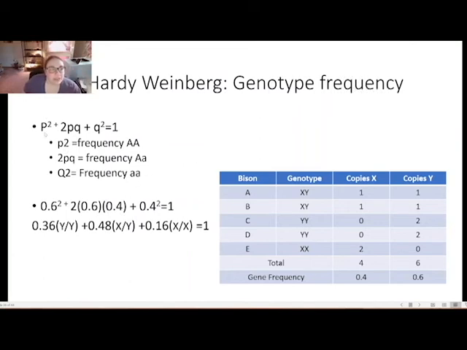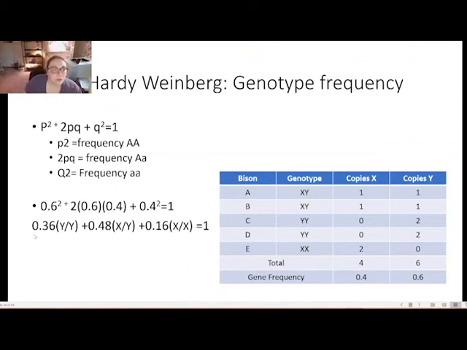So the formula is P squared, which for our intents and purposes, we're using Y. So that would be YY squared. 0.6 was YY. We would square that, plus 2 times P times Q. So 2 times 0.6 times 0.4, plus Q squared, so that's 0.4 squared, equals 1.